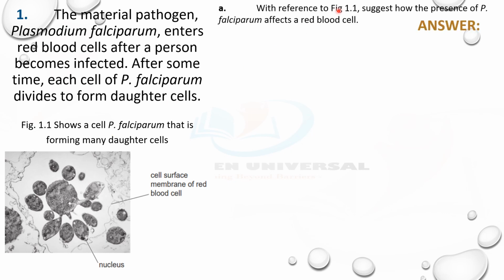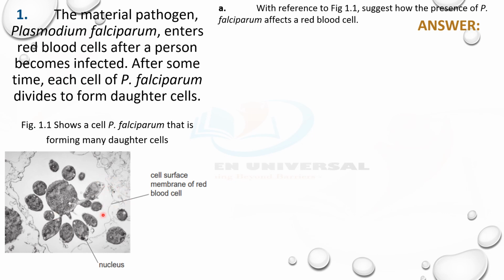The question says, with reference to Fig. 1.1, suggest how the presence of P. falciparum affects a red blood cell. Now, can you see, guys? This is the P. falciparum inside a red blood cell. This is the red blood cell. So one of the things you do in solving questions is that you have to pay attention to the stimulus material.